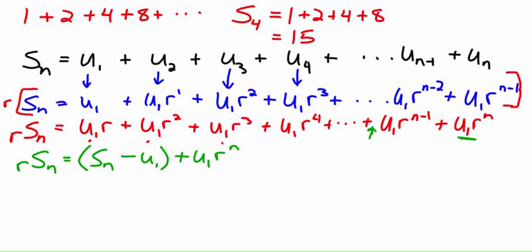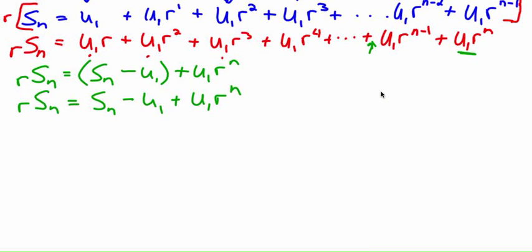So now at this point, if I just dropped these parentheses, I'd have r times s of n equals s of n minus u of 1 plus u of 1 times r to the n. Let's see, I'm going to need to move this up a little bit, see if I can get a little bit more space here. All right.